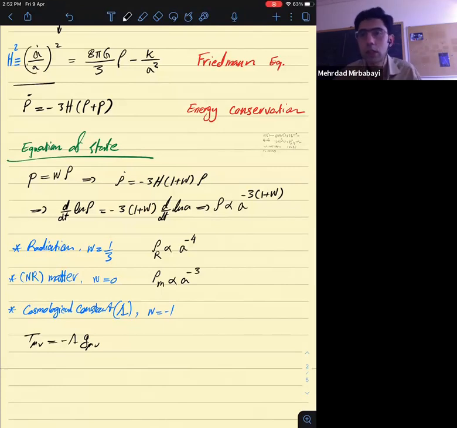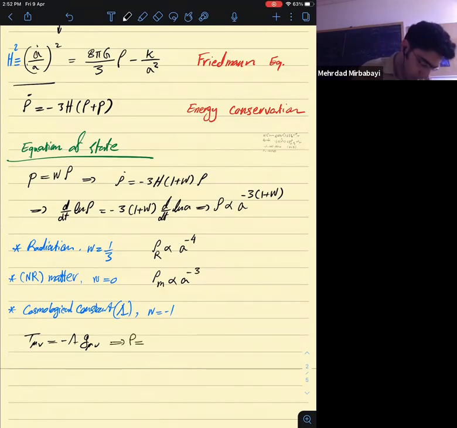So if I just add a constant to my action and derive the energy momentum tensor from the action, then that would be proportional to G mu nu, it would have this form. And now of course, if you look at the definition of P and rho, you will see that rho will be equal to lambda and P will be equal to minus lambda.